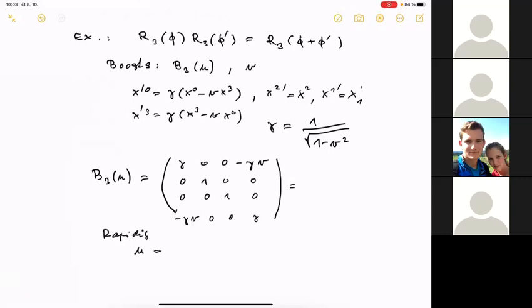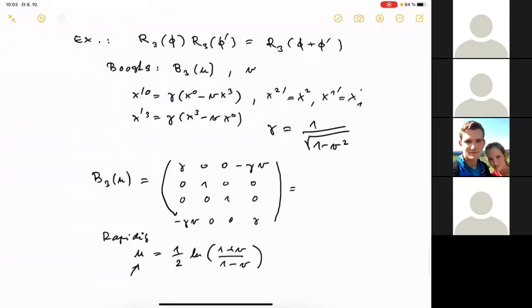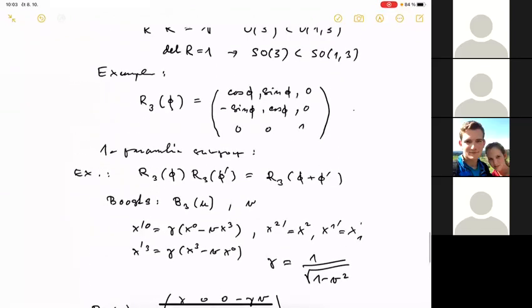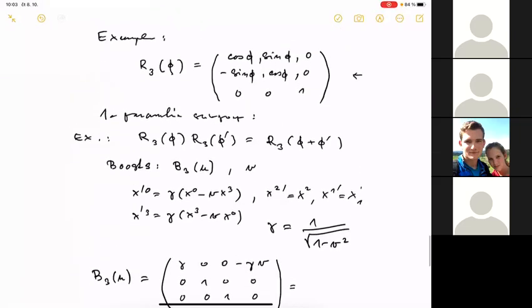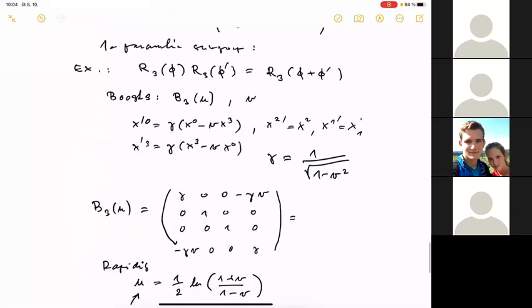This rapidity is defined as one half of the logarithm of the ratio (1 plus v) over (1 minus v). And if you use this definition, you can rewrite these Lorentz factors and this gamma v in terms of functions of this u, and the result looks in some sense similar to the case of the rotation, but we should replace the cosine and sine by hyperbolic cosine and sine.